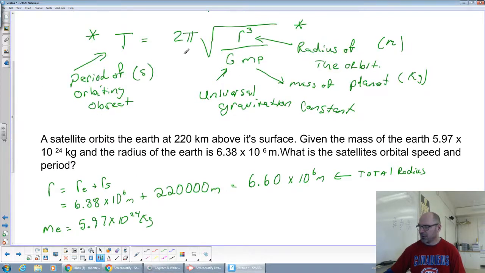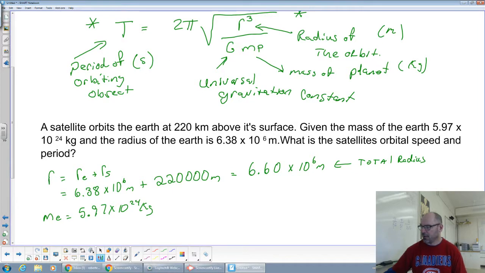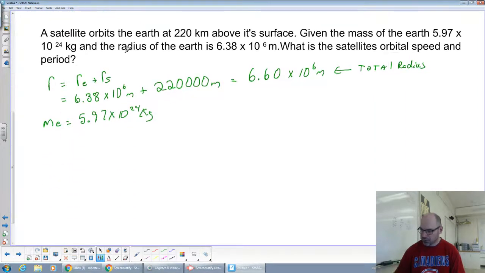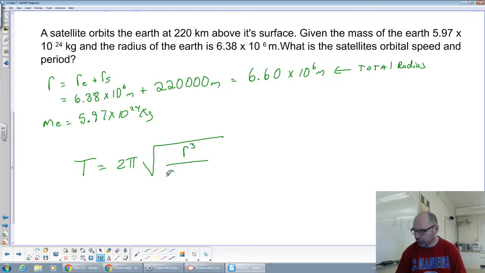Let's use this one to get our period. So it's r cubed over GM. Okay, so let's do the period. It's 2 pi square root of r cubed over G mass of the Earth, with a little e there for Earth.